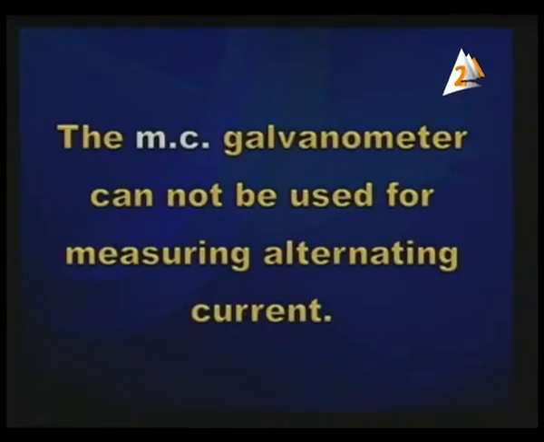Another give reason: the moving coil galvanometer cannot be used for measuring AC currents. This is a very important give reason.